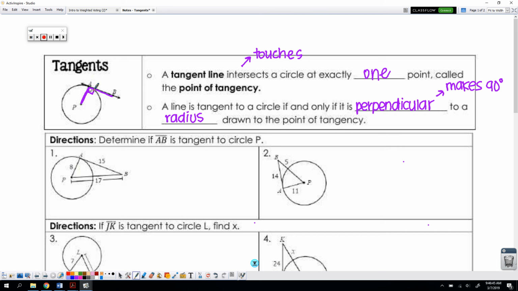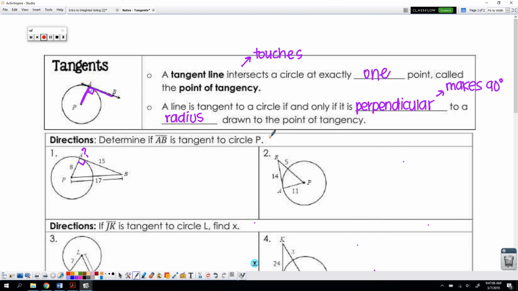So in directions, for number 1 and number 2, what they're asking us to do is decide if it is tangent. What that means is they want to know, is this a right angle right here? That's the question. Which means, is this a right triangle? So if we want to know about right triangles, we need to do what theorem?